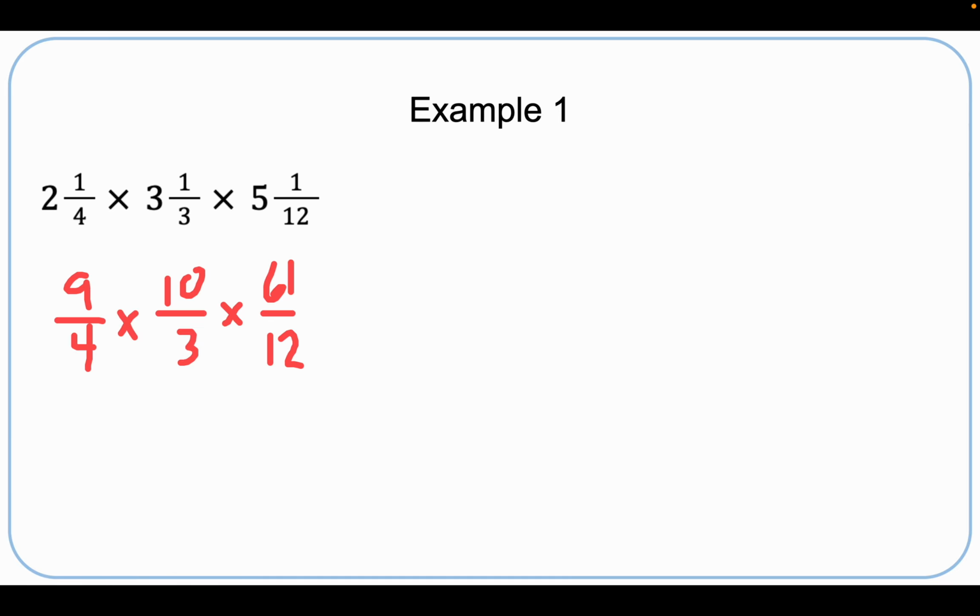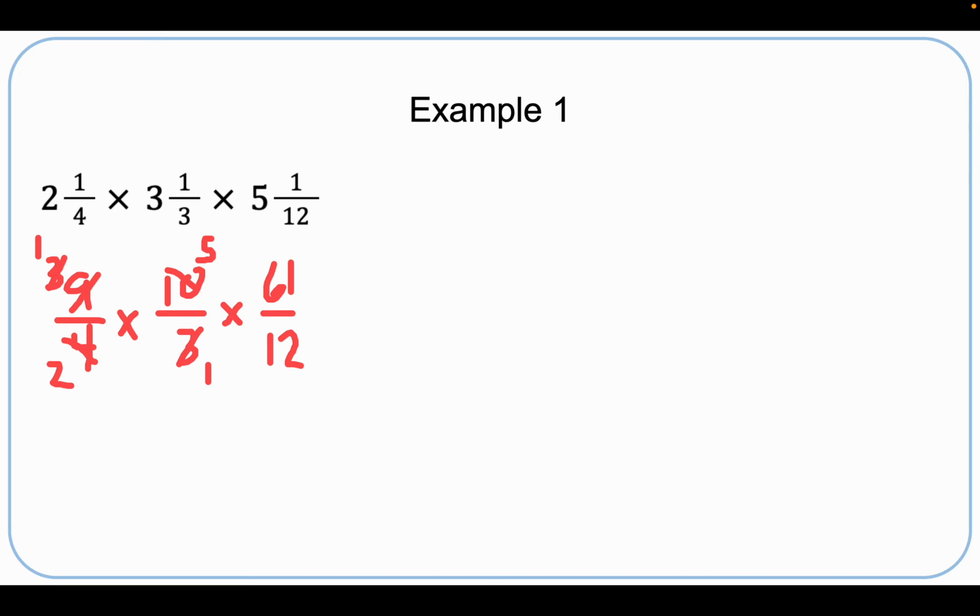Okay, and now we can cancel where we see any common factors. So we can cancel out or factor out a 3 here. I would turn that 9 into a 3, the 3 into a 1. We can factor out a 2 between the 4 and the 10. So that makes that 2, and this is 5. And then we can also do a cancellation between this 3 and the 12 here.